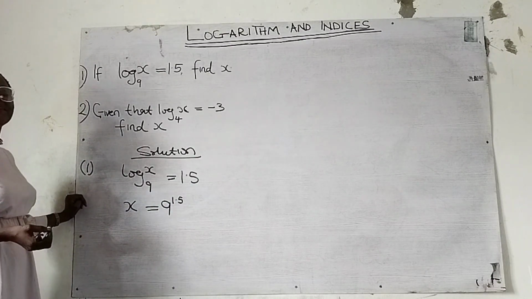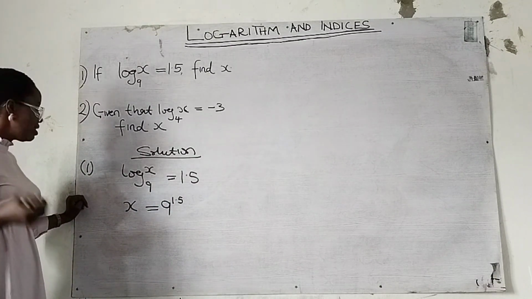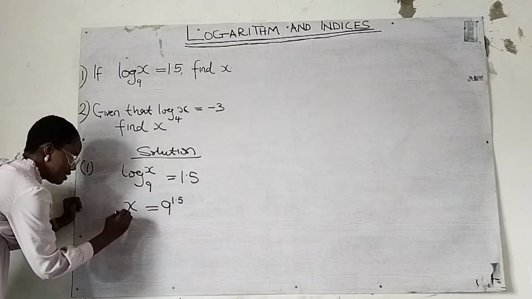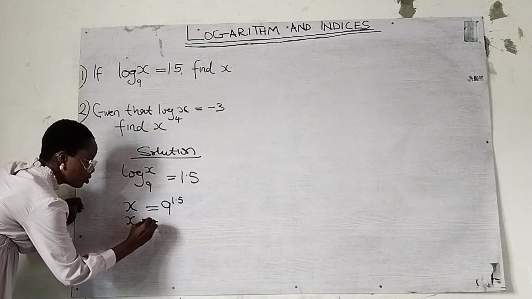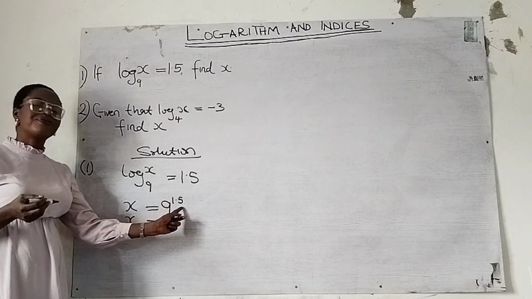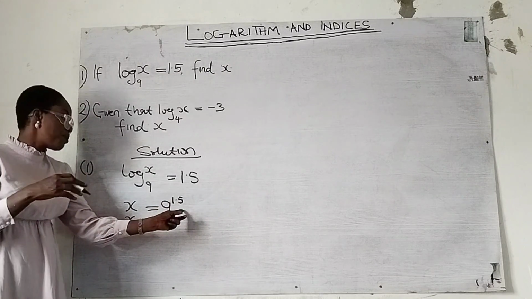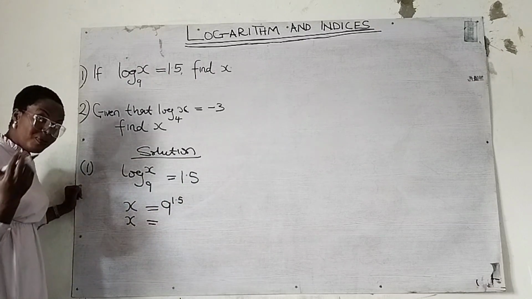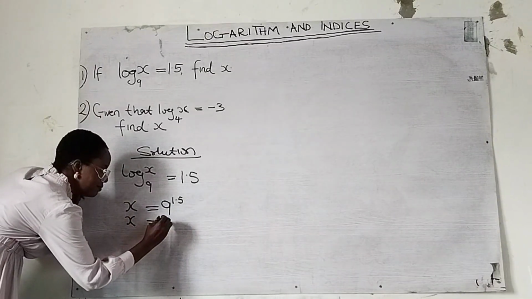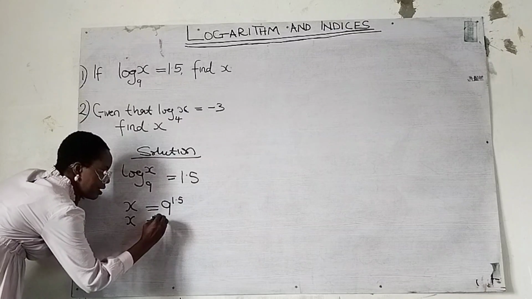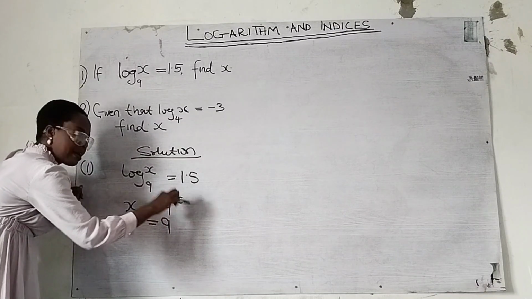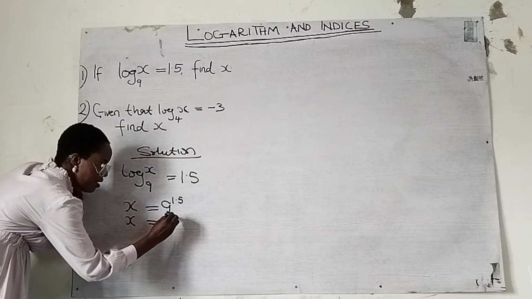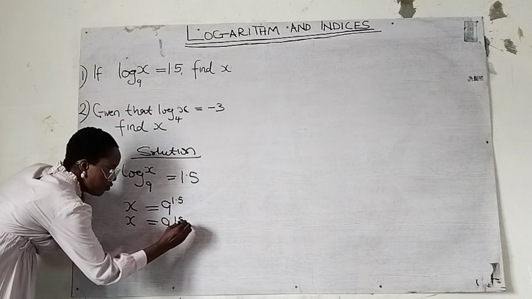Are you with me? Okay, having done this, I come again. I write x down is equals to 9. I want to put this 1.5 in ordinary fraction, proper fraction. So I'll say 1.5 is 15 over 1.